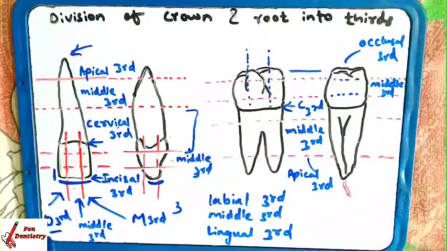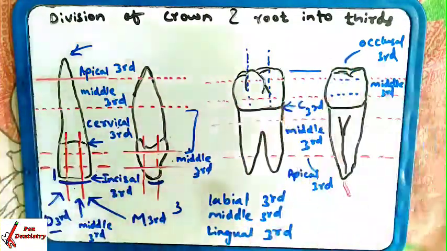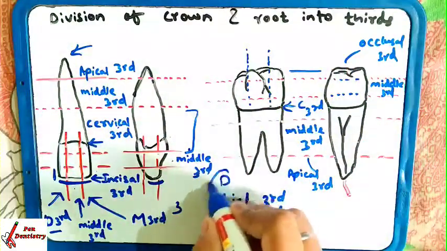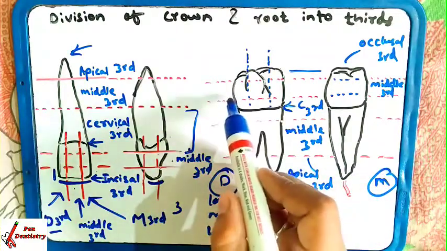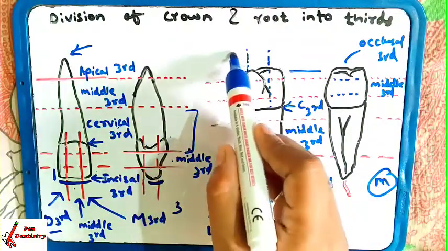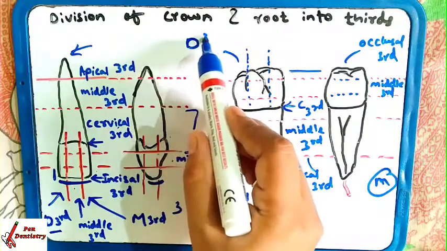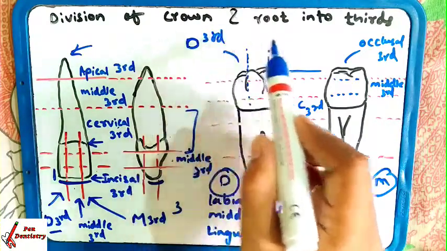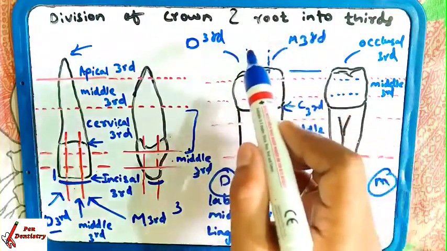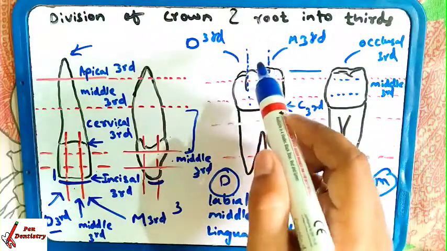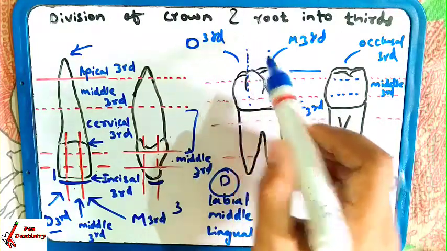If this is the distal side and this side is mesial, D and M, then this is the distal third. This is the mesial third. And the middle part is known as the middle third.